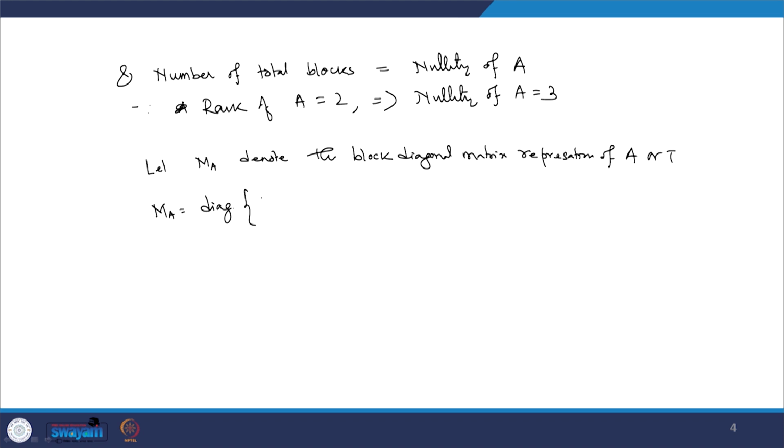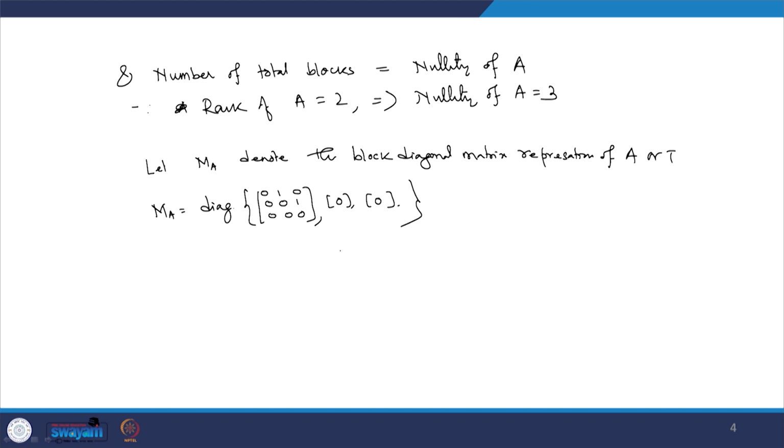So, I will have 0 1 0 and so on. And there will be 2 more blocks, of order 1 and 1 only, that is 0 and 0, because the total number of blocks has to be exactly equal to 3.